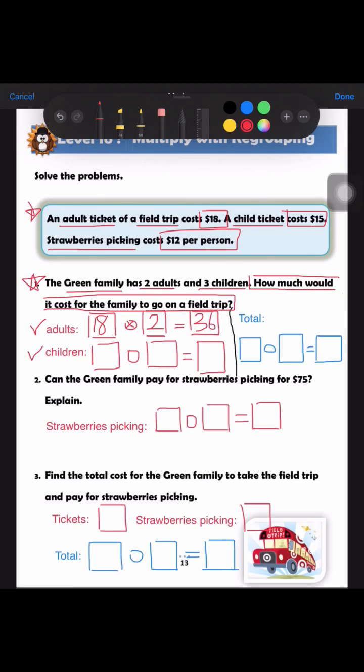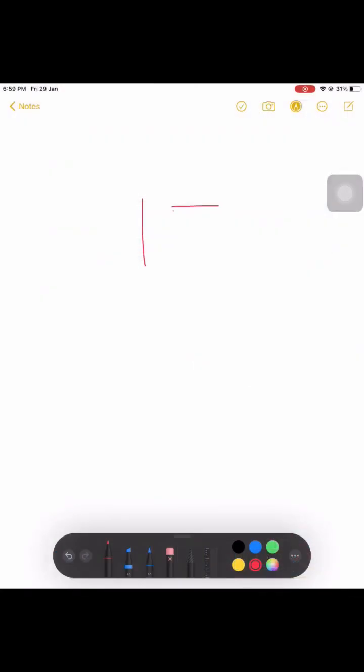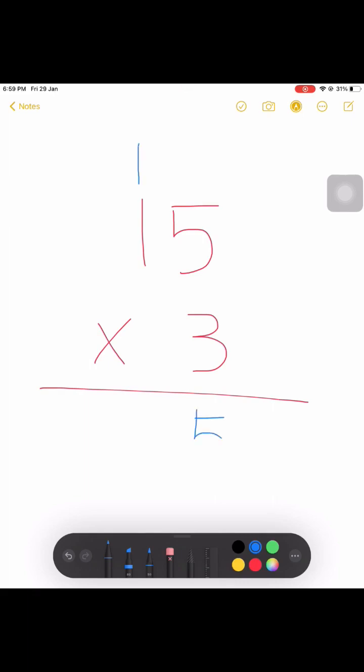And then we calculate the cost for children. So each child costs $15. So 3 children, that means times 3. 15 times 3. Okay, we multiply the ones first. So 3 times 5 ones equals 15. So we regroup as 1 ten and 5 ones.